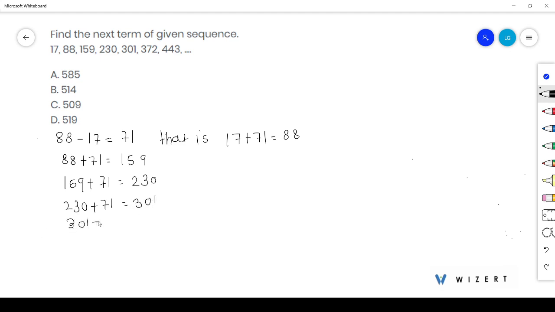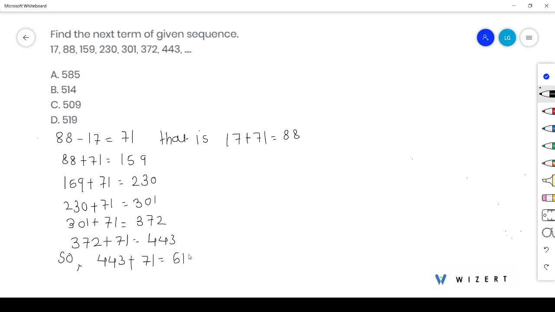Then 301 plus 71 is 372. 372 plus 71 is 443. So to get the next term, we need to add 71 to that 443.